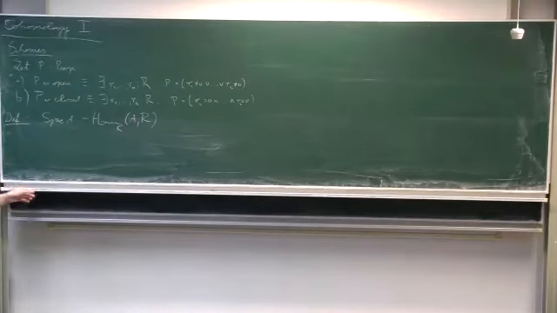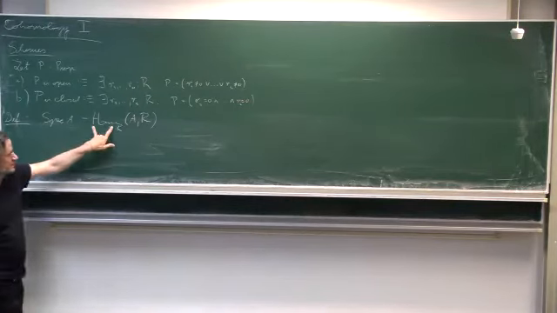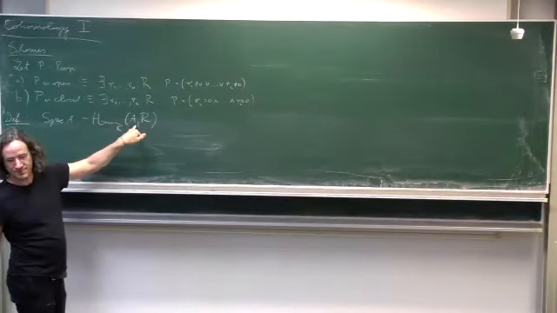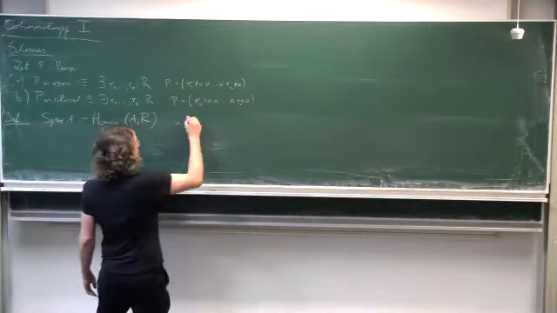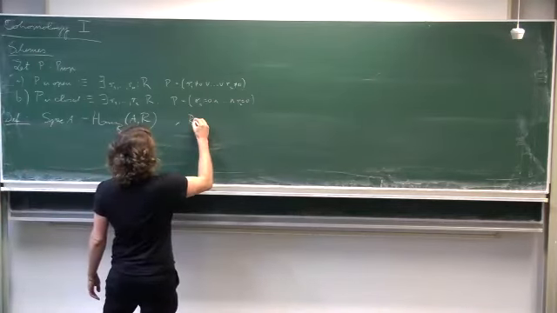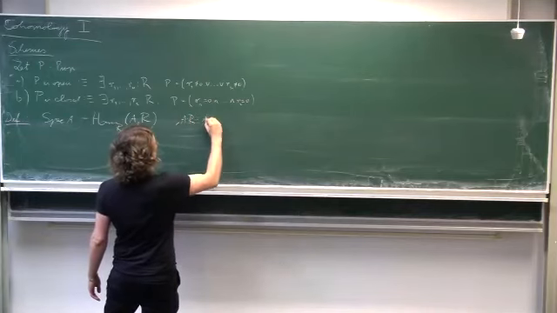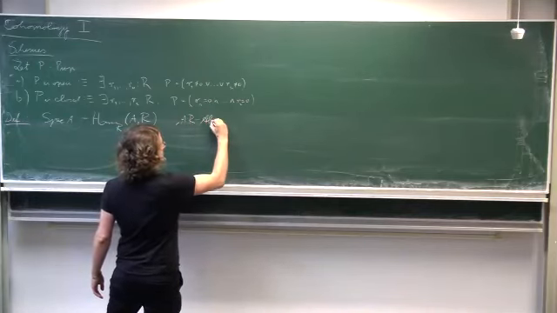Okay, so just a brief reminder. We defined the spectrum last time as homomorphisms from some finitely presented R-algebra A, which is what we always assume. Let me write it once.